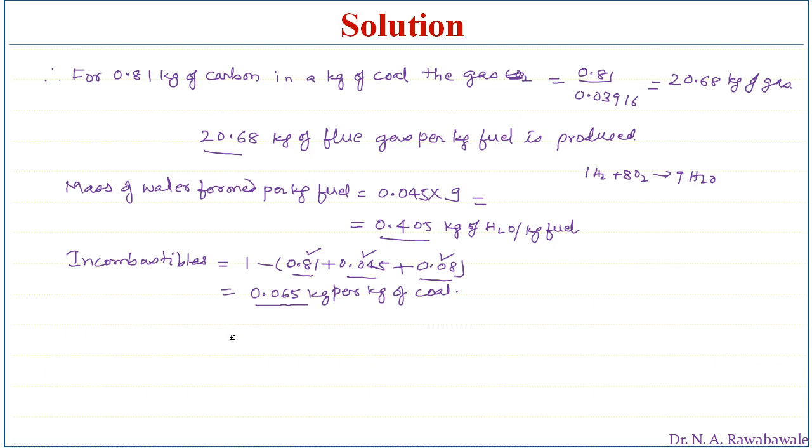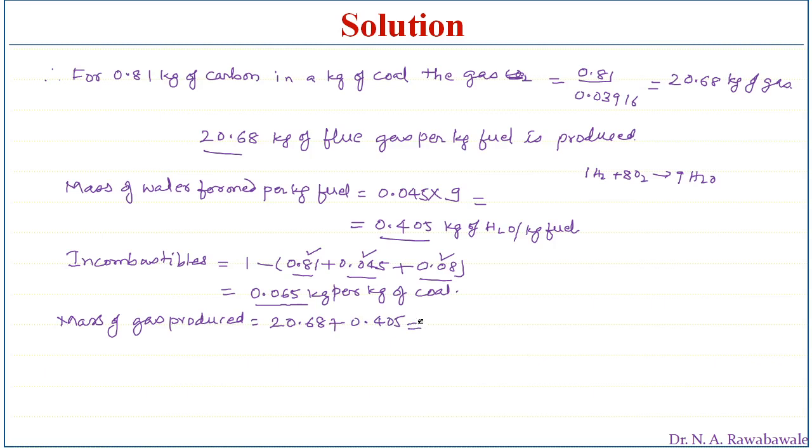First of all, we must know the mass of gas produced. So mg, the mass of gas produced, is equal to the mass of dry gas produced, 20.68 kg, plus the mass of water, 0.405.